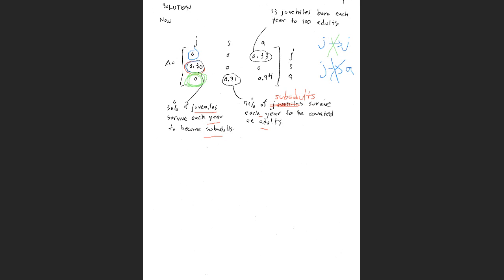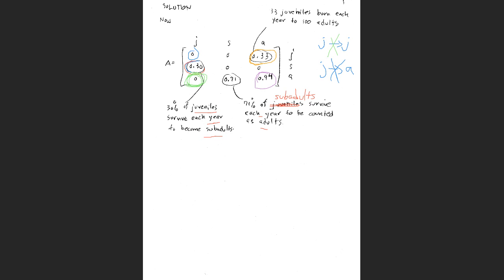Now the 0.94 right here simply means that 94% of adults will survive and stay the next year. They stay as adults. And then this value up here, 0.33, well, hey, what's that mean?